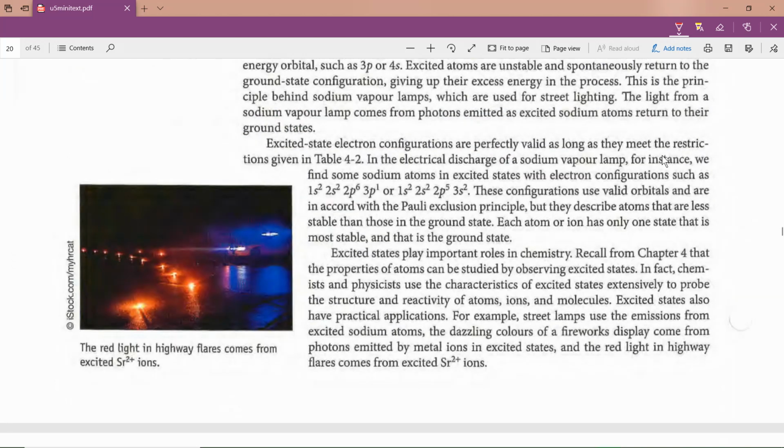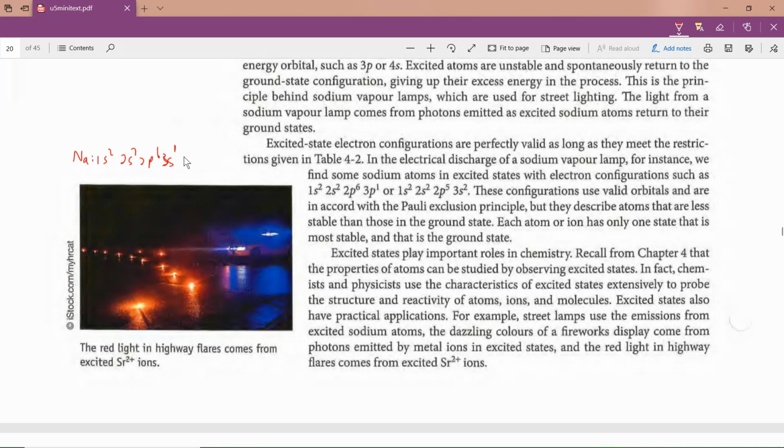Okay, we won't talk much about electron configurations of excited states, but we should at least look at what we mean by that. You have, let's say, sodium in its ground state, 1s2, 2s2, 2p6, 3s1. If you zap it with a bit of energy, you can excite any of the electrons up to a higher level.